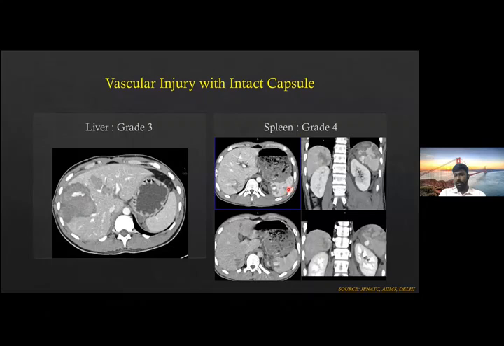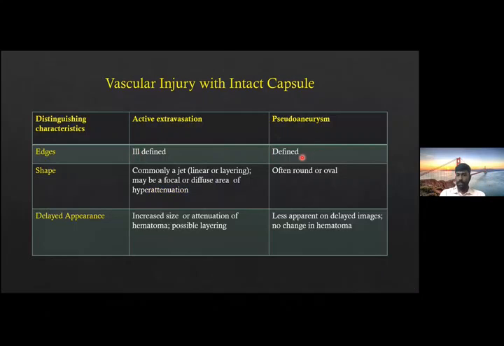As we saw in the last case, active extravasations are usually ill-defined, whereas pseudoaneurysms are well defined and often round or oval. And active extravasation can commonly be seen as a jet of linear contrast jetting out from the arteries, and in subsequent delayed scans, it will show layering.